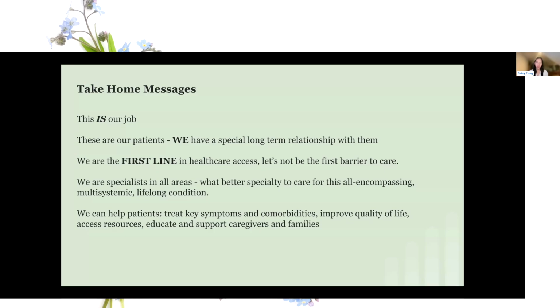We don't have to refer if we don't need to refer. And we give our patients timely, evidence-based, proper treatments with constant reassessment, constant follow-up, and keeping that communication open, treating symptoms, accessing resources in the community. This is our job. It's our specialty. This is a lifelong multi-systemic condition, and we are best positioned to help.